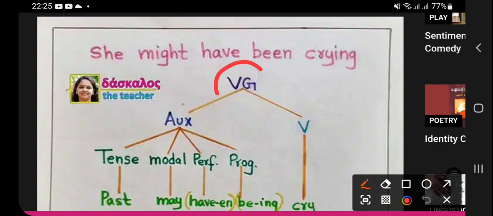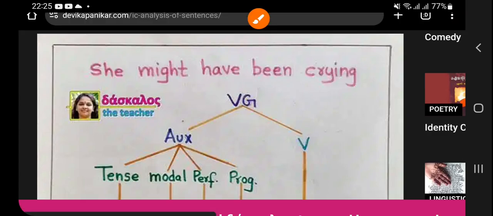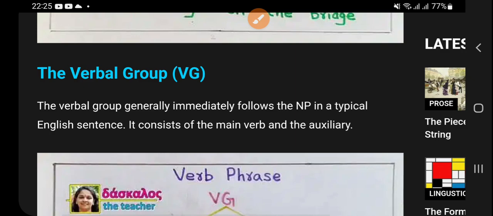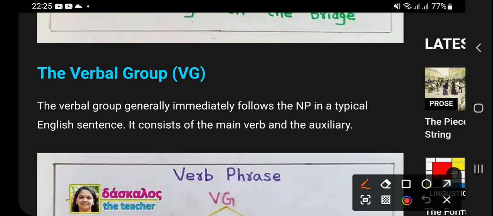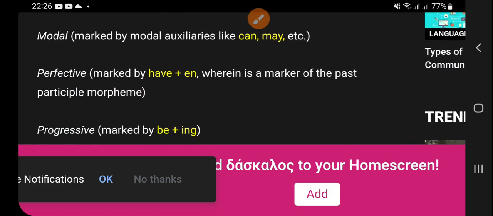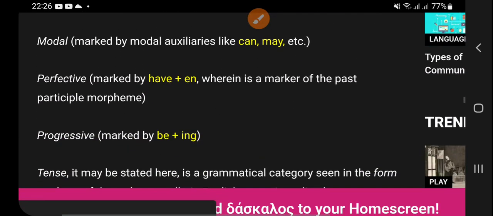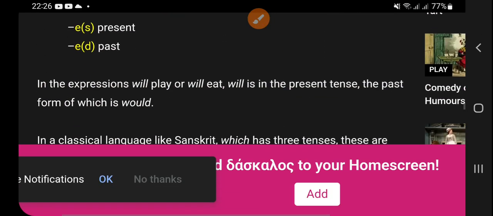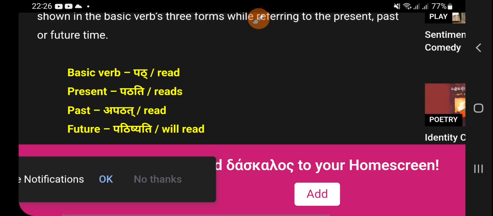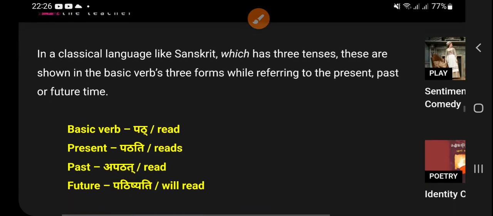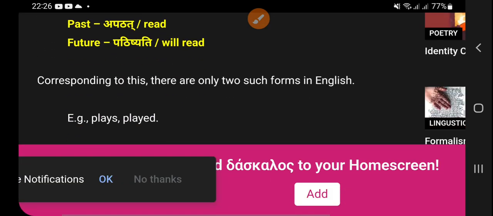So that's all the verbal group. Actually it's a very big description. We were discussing the verbal group, what comes under it: auxiliary, and apart from tense, what is important: modal, perfective, progressive. These are the different forms of verbs.